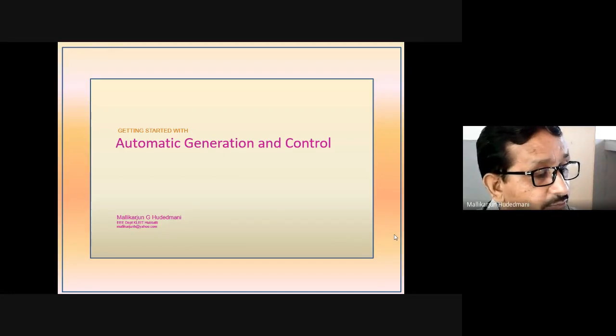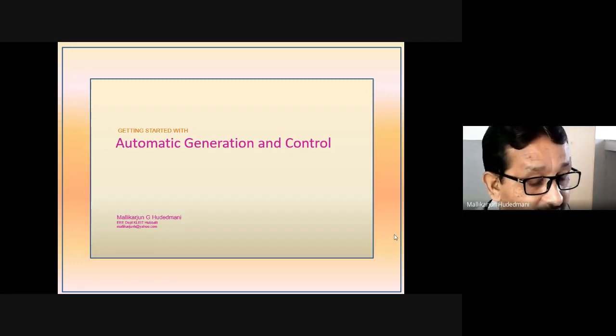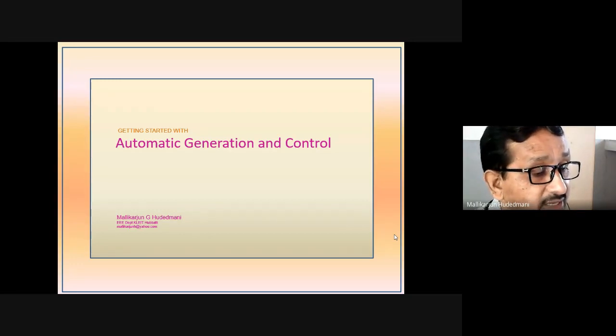Again, switching to the next module, automatic generation and control. It is another good aspect of power system operation and control, which we need to study from the single generation point of view, the interconnected operation point of view, and further related to that.